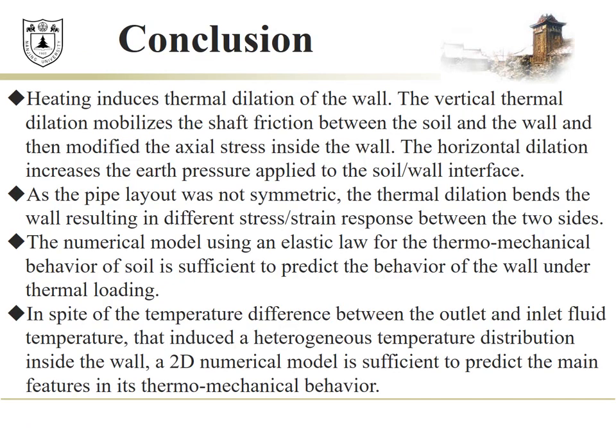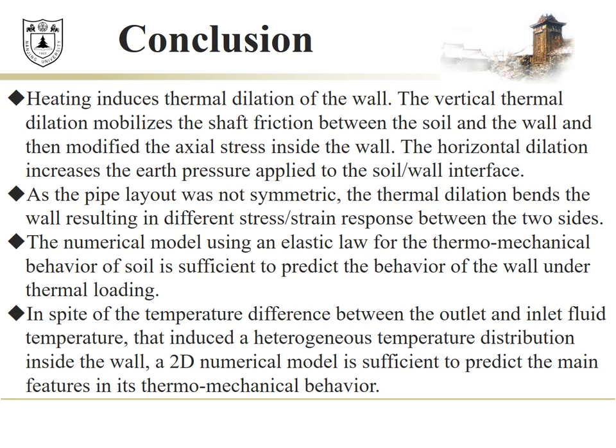Through using both physical and numerical models to study the thermo-mechanical behavior of the energy diaphragm wall, the following conclusions can be drawn. First, heating induces thermal dilation of the wall. The vertical thermal dilation mobilizes the shaft friction between the soil and the wall and then modifies the axial stress inside the wall.